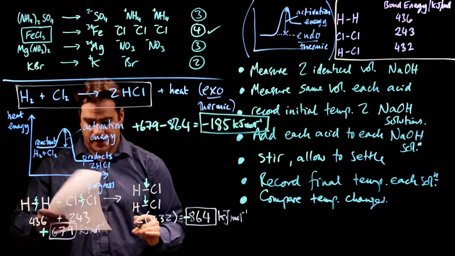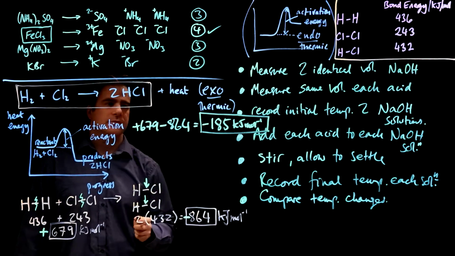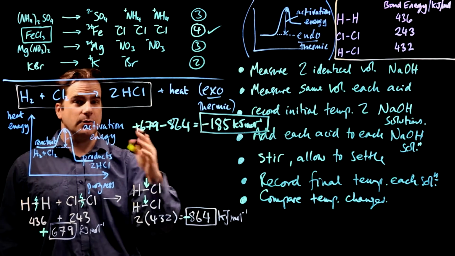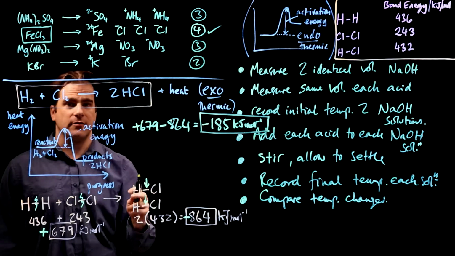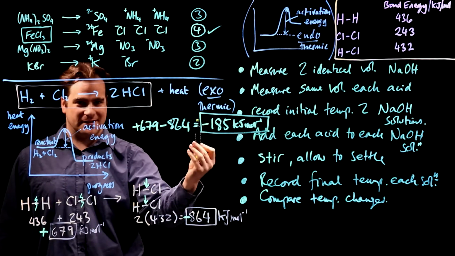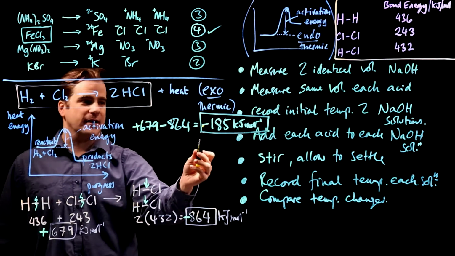Good. And that's it. Now, I just want to say one more thing. Because this is an exothermic reaction, you were told it was an exothermic reaction. You know it's going to be minus, okay? For exothermic reactions, this is always a minus.